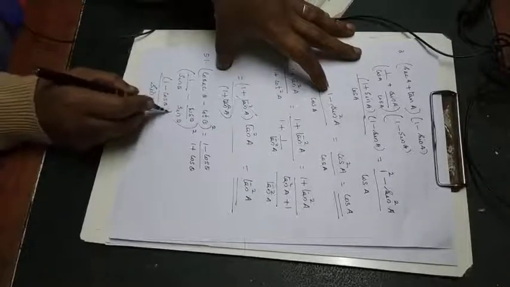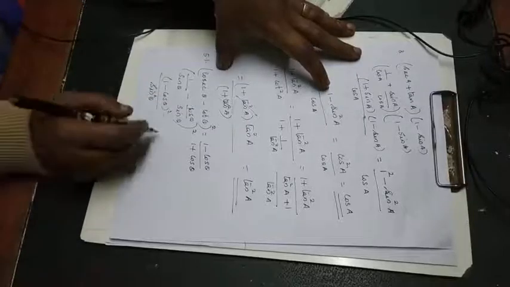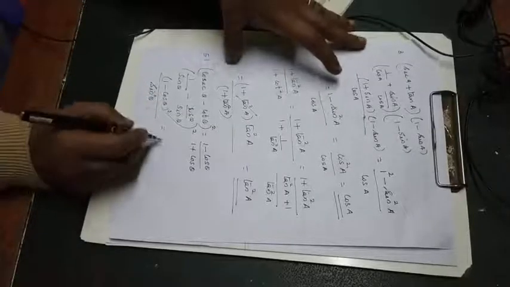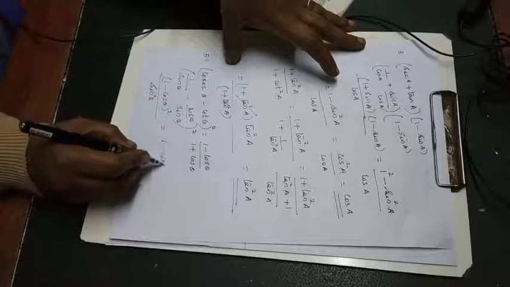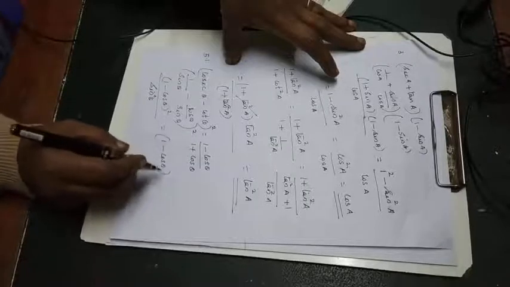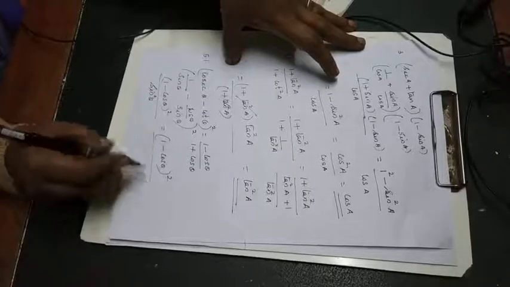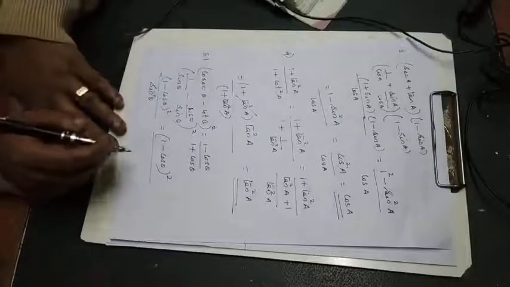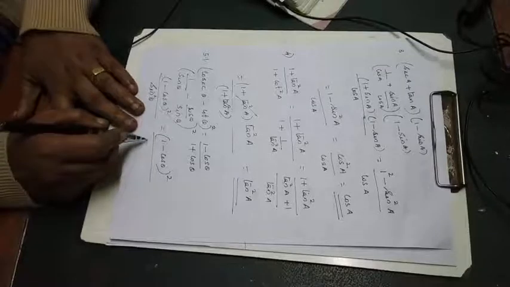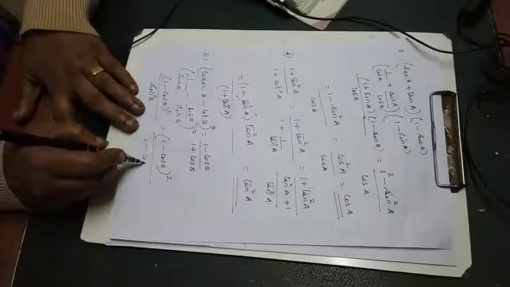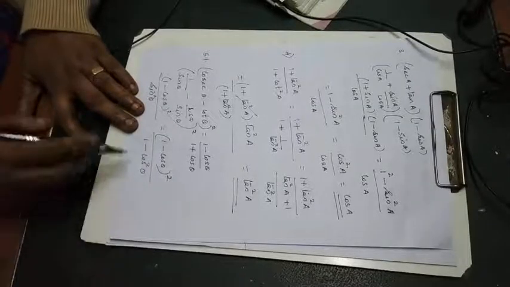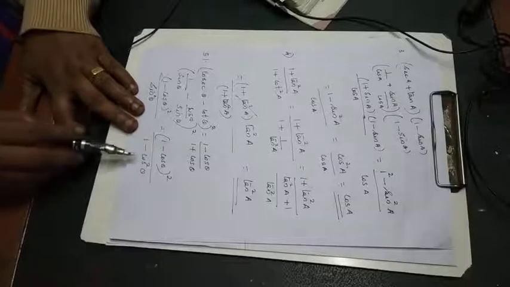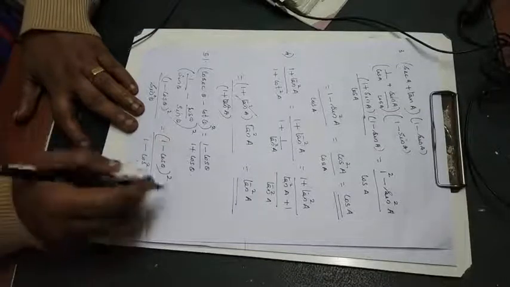So here also square, here also square will come. So 1 minus cos theta you can write the whole square. Sin square theta you can write in terms of cos square theta, that is 1 minus cos square theta. Now it is in the form a square minus b square.